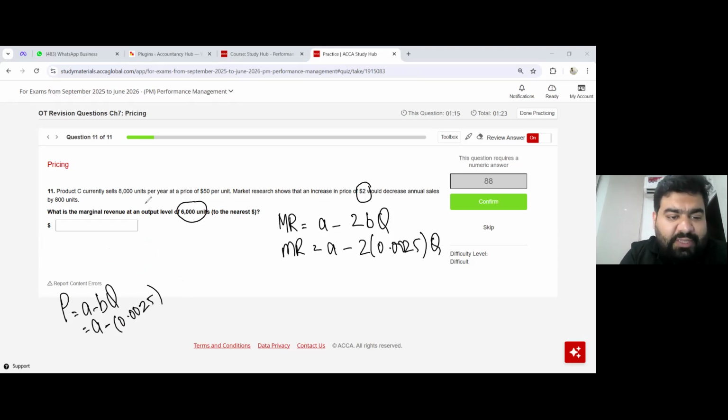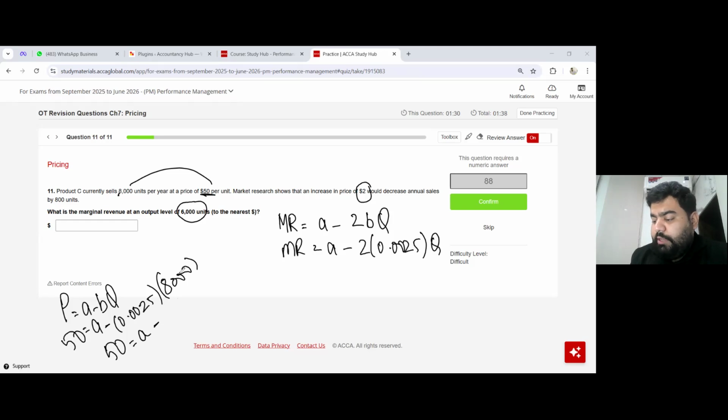Which Q and P? See, at the price of 50 we are having the quantity of 8,000. Let us calculate A through this. 50 is equal to A minus 8,000 times 0.0025, which will be 20. So A will be 50 plus 20, it will be 70.